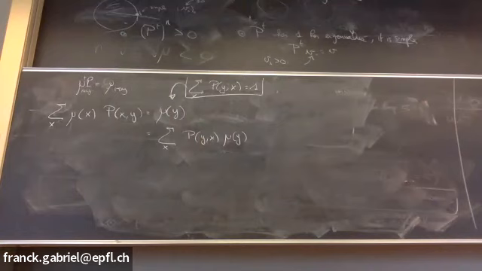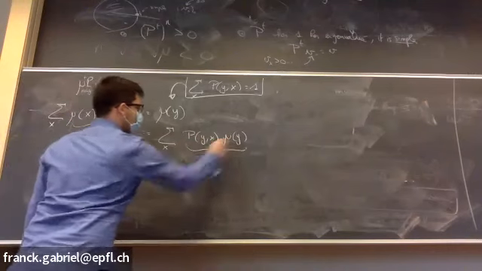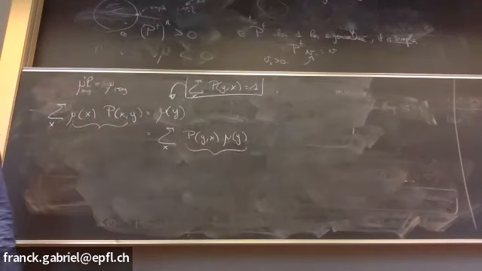Okay. Now, there is one case where everything is trivial. If this is equal to that, then the two sums are equal.